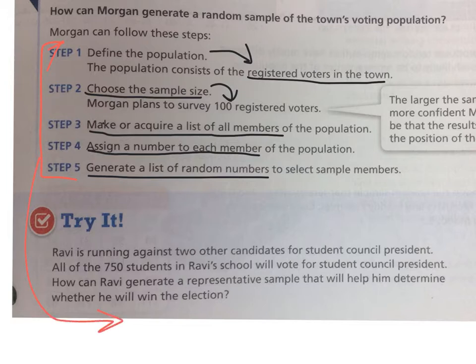Figure out what our population is. In this case, it would be all the students in the school, and then he could decide how many people he's going to pick out, make a list, assign numbers, and then randomly select numbers.